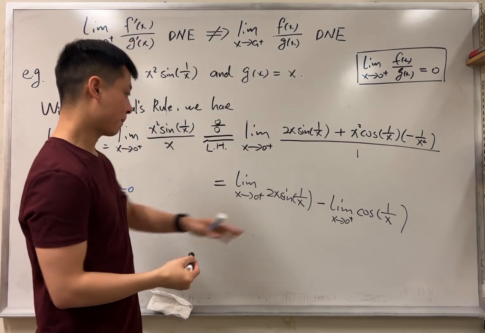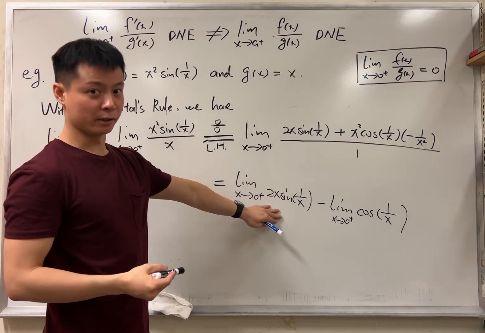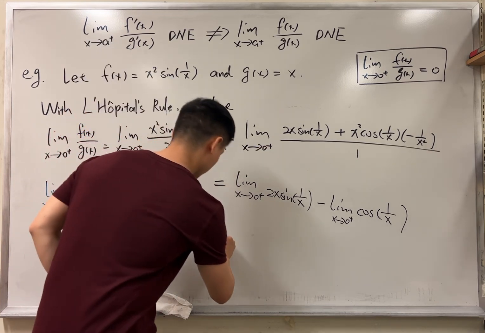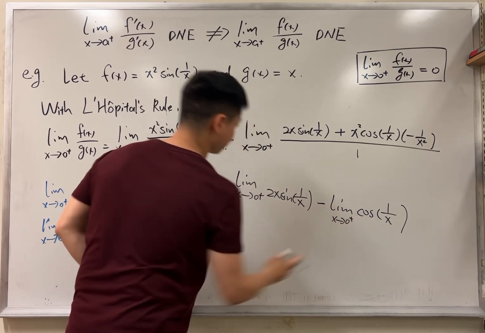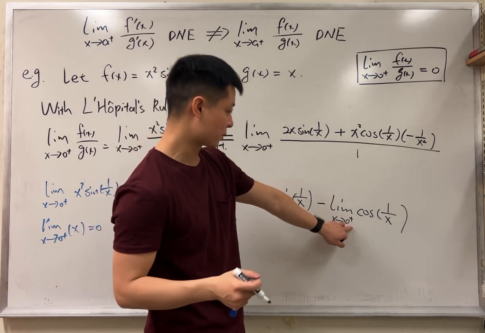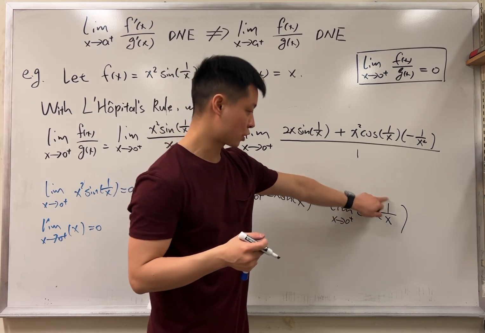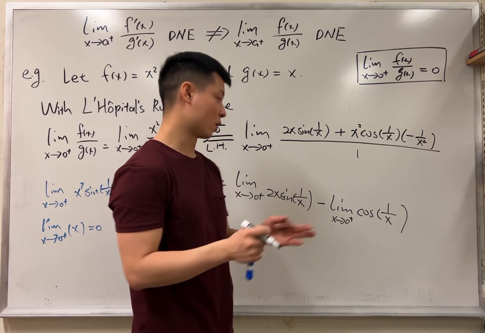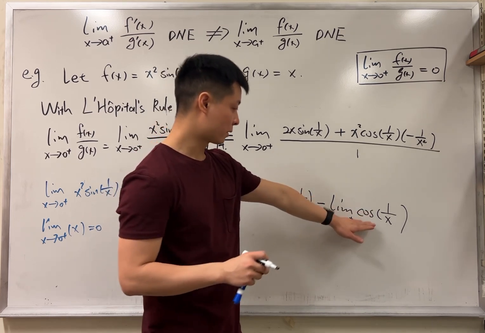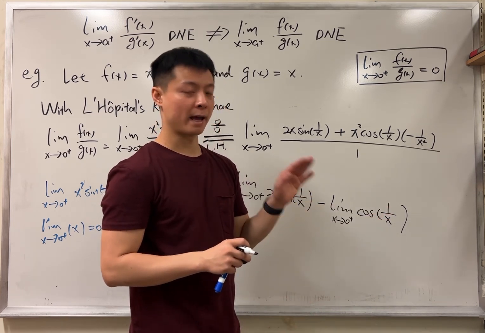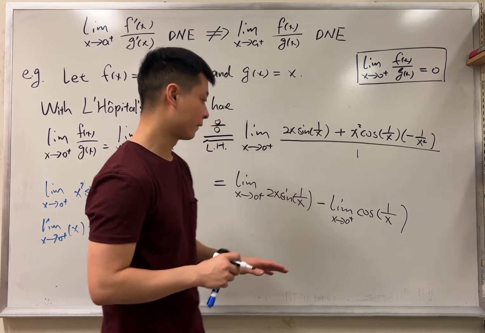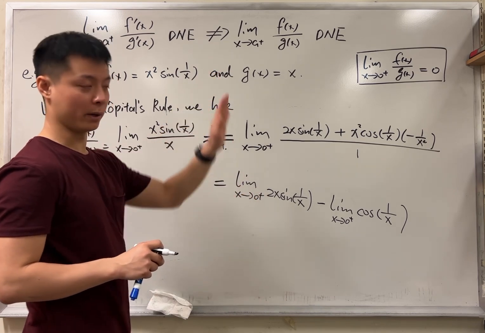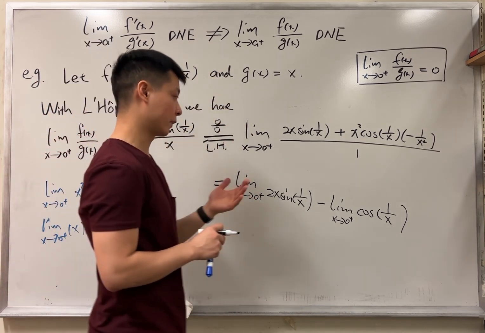What is this limit? We've just calculated this limit in the previous work. This limit is 0. And then for this limit, when x gets very close to 0 from the right side, this fraction 1 over x is going to approach positive infinity, a very large number, but the cos function does not have a limit at infinity, because the cos function essentially goes up and down, always oscillating between -1 and 1.